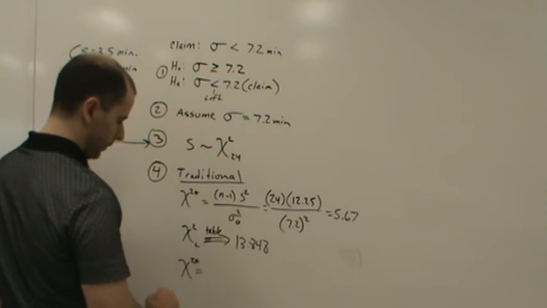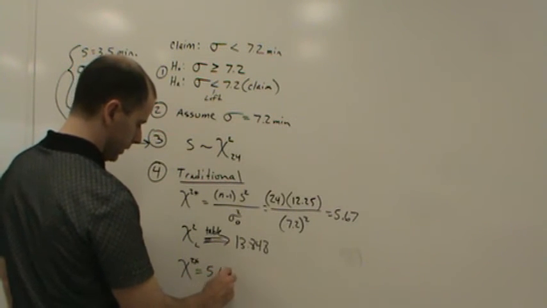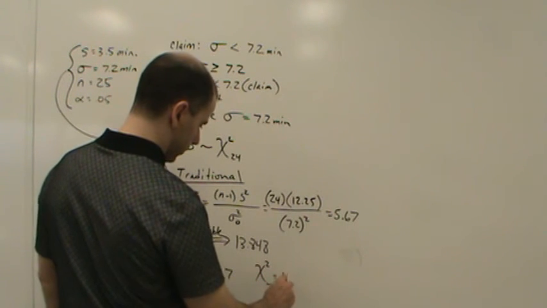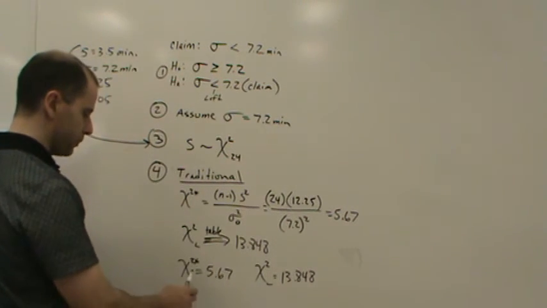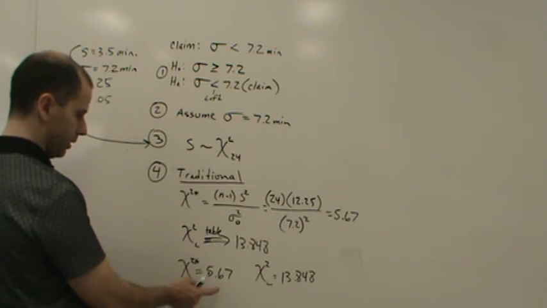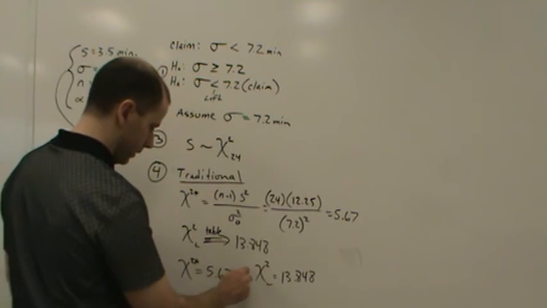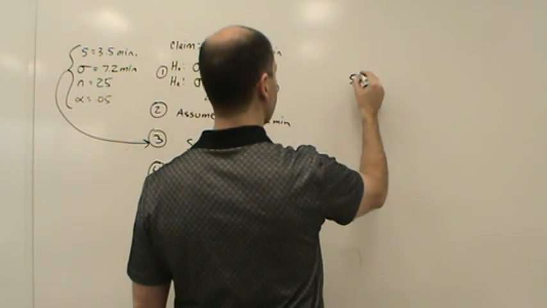Here, chi-squared star is equal to 5.67. My chi-squared L is equal to 13.848. Is my chi-squared test statistic less than or equal to my critical value? Yes, it is.